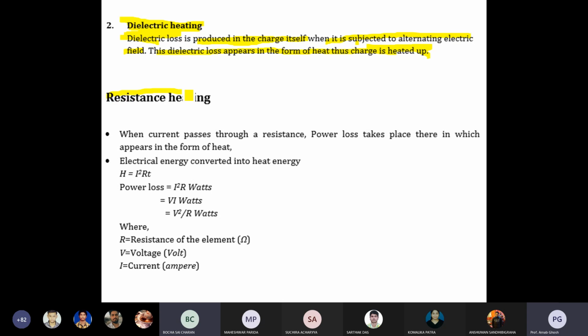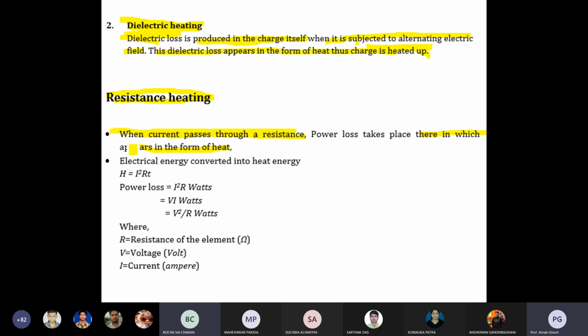So in resistance heating, what happens when current is passing through a resistance? Power loss takes place, which appears in the form of heat. So power loss is in the form of heat, a conversion of energy.